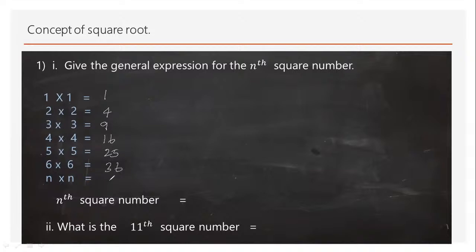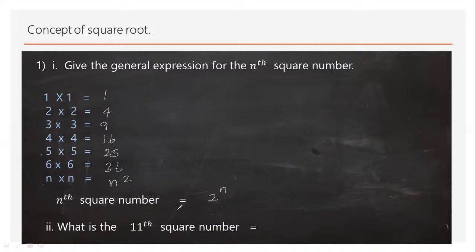And n times n, n squared. What is here? N squared. This is the general expression for the nth square number, that is n squared. If a number is multiplied by itself, we can obtain the square number.